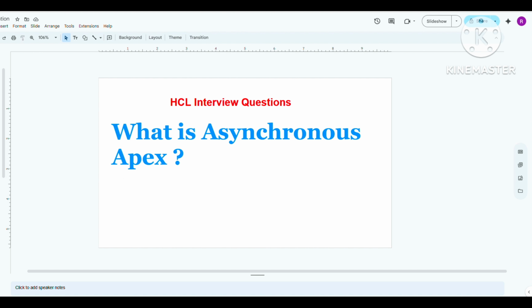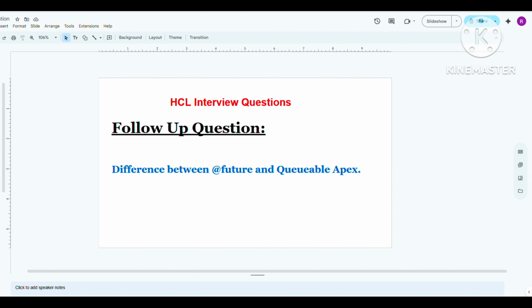Then it was a simple one. What is asynchronous Apex? I had to ensure that I'm explaining everything, all the different types of asynchronous Apex. And there was one follow-up question, of course, the difference between future and queueable Apex, which is very common in any of the interviews you go for.